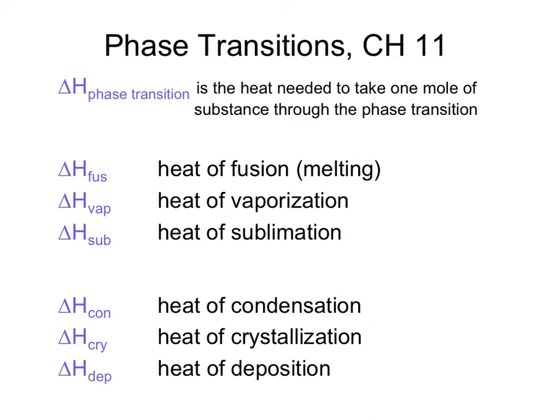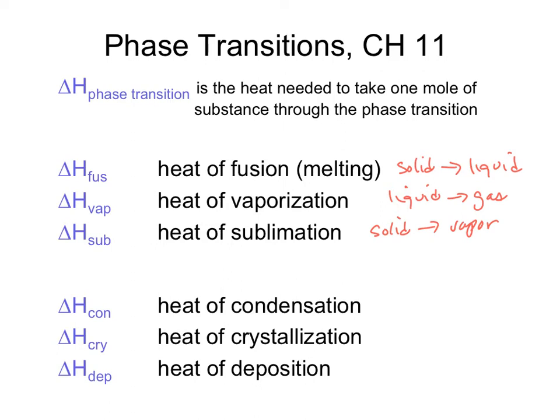So sublimation is going to be the one where it goes from solid to vapor. Fusion is going to be solid to liquid. Vaporization is liquid to gas or vapor, right? And then with condensation, it's the opposite.